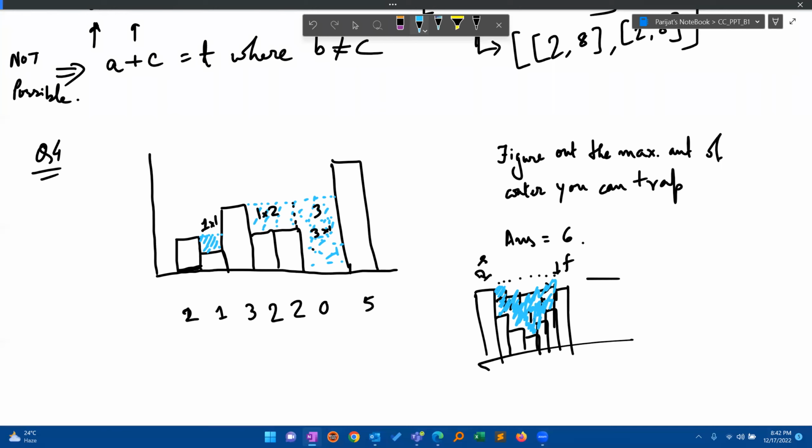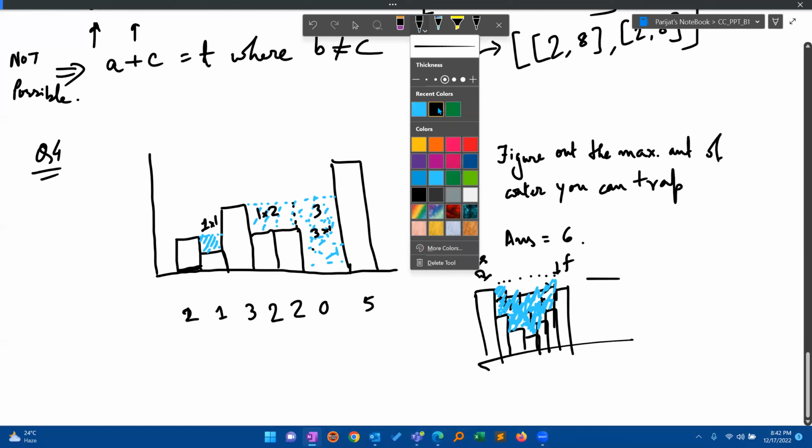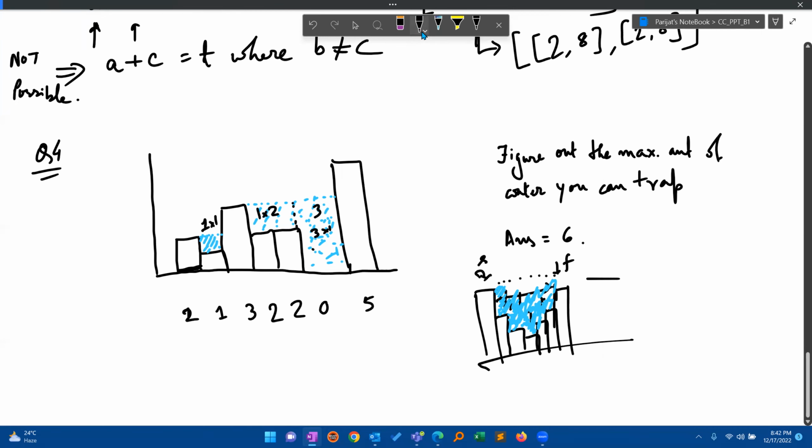The first thing, like in the first case, when we find 2 and 3, the formula to calculate would be 2, the minimum element, into the position of 3 minus 2 minus 1.